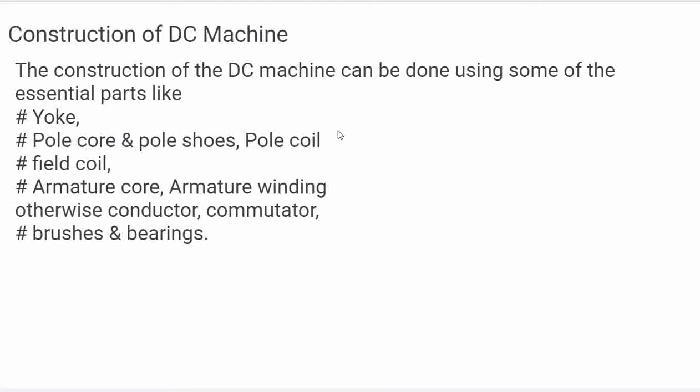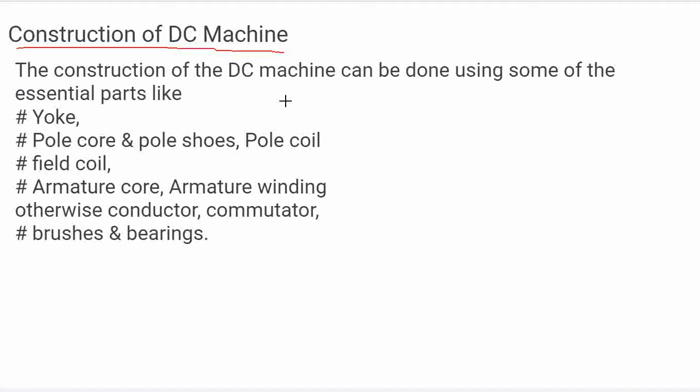So we are going to get into the construction of a DC machine. So construction wise, a DC motor as well as a DC generator is the same. The basic difference is the current direction into the rotor or out of the rotor, which differs in both machines. Okay.